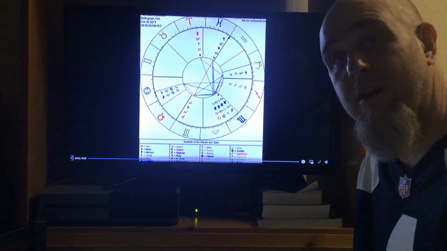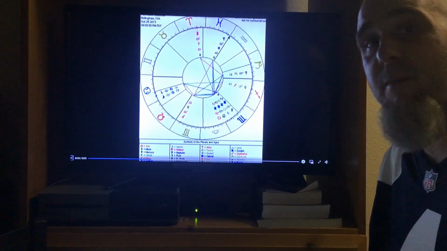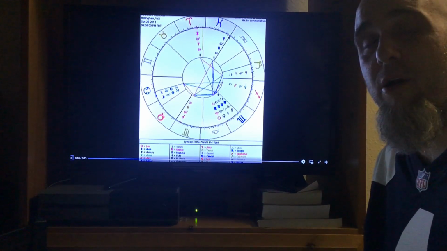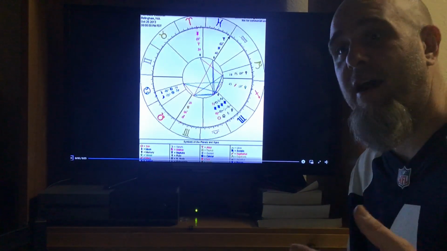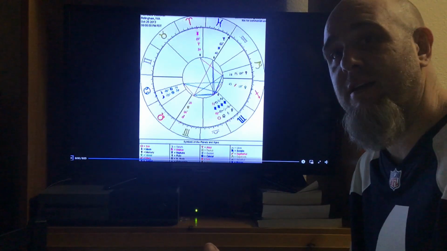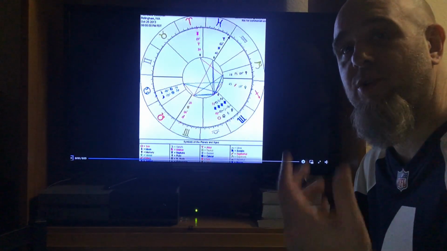Some are good, and some are not so good. Some of these aspects are what make us angry. Some of these aspects give us our little irritations, and you'll find out once you get into transits what triggers those little irritations.